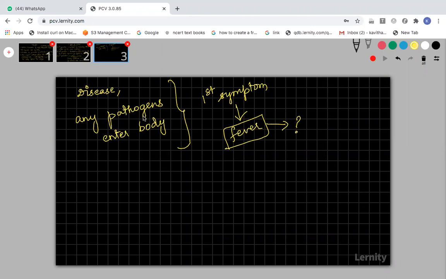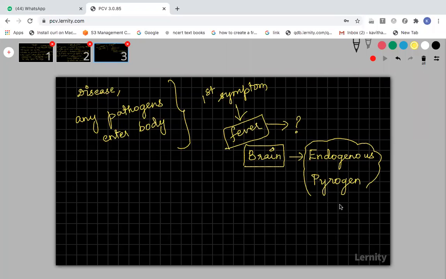Whenever any pathogen enters into the body, in your brain, a special chemical substance will be released. Your brain will get alert if any pathogen enters into the body, and it will start releasing a chemical substance, and that chemical substance is called endogenous pyrogen. So this endogenous pyrogen is one sort of chemical substance that will be released in your body from the brain.